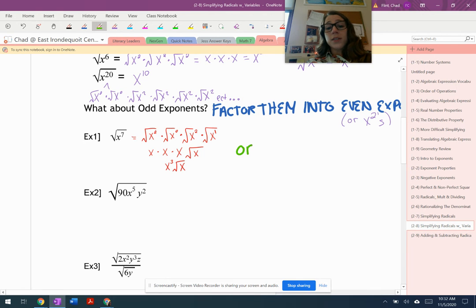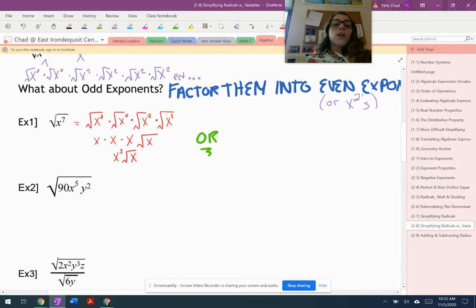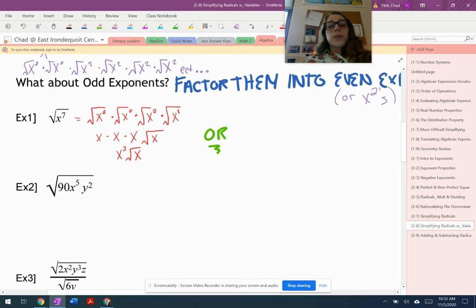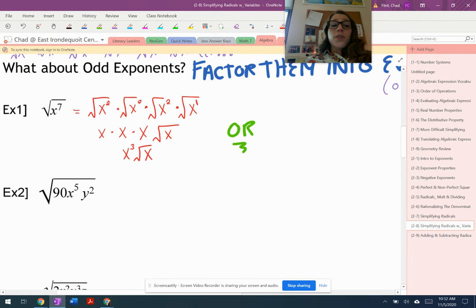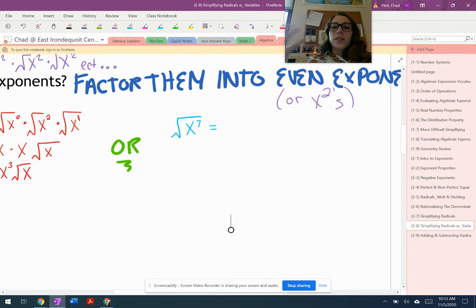There is a second way. That way was looking at breaking it up into how many x squareds. This way, we're going to look at just breaking it up into the largest exponent. Let's go blue. So if I'm starting off with the square root of x to the 7th, what is the largest even exponent that I can pull out of there?